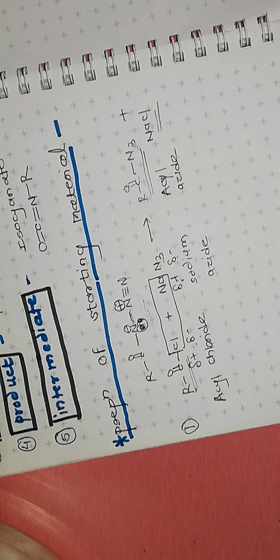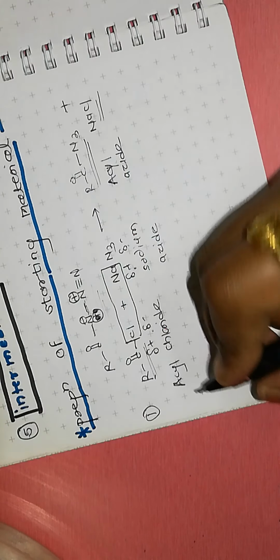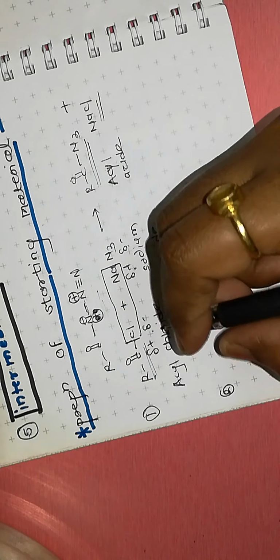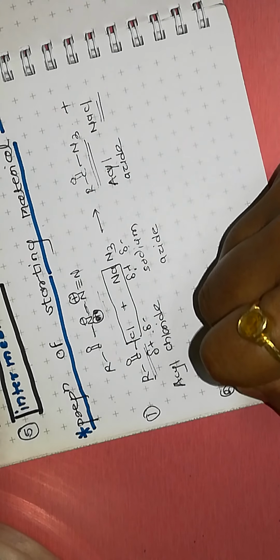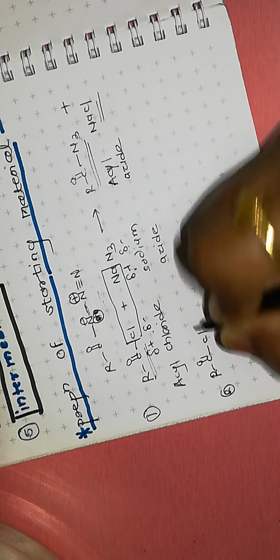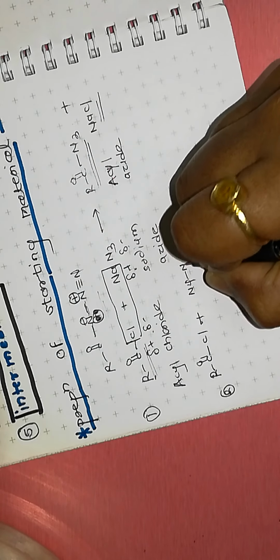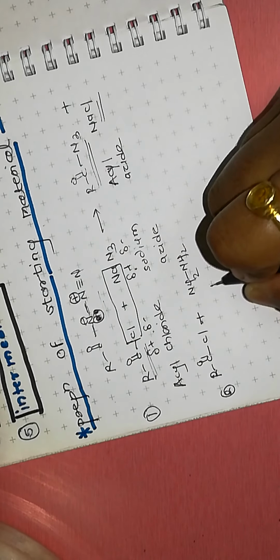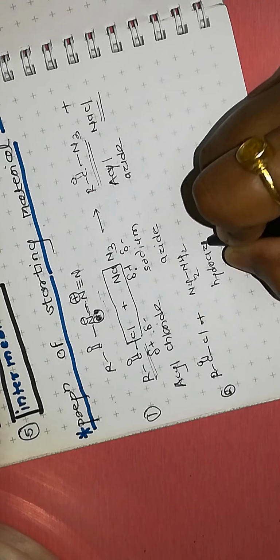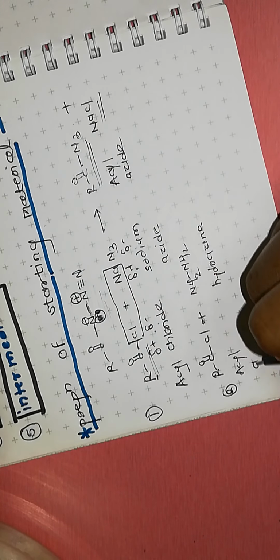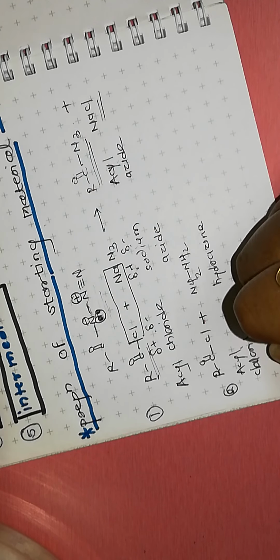Now we can see the second method for preparation of acyl azide. The second method is when acyl chloride reacts with hydrazine. This is the formula of hydrazine. This is the formula of acyl chloride.